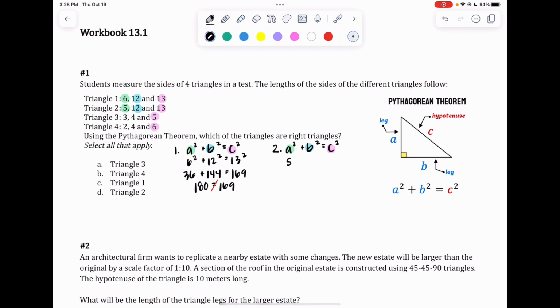So it would be 5 squared plus 12 squared equals 13 squared. 5 squared is 25, plus 12 squared is 144, equals 13 squared is 169. And then 25 plus 144 is 169. So we end up with 169 equals 169. So that's true. That means that triangle is a right triangle because it satisfied Pythagorean's theorem. So triangle 2 would be one of them.